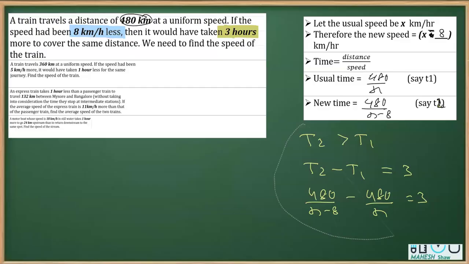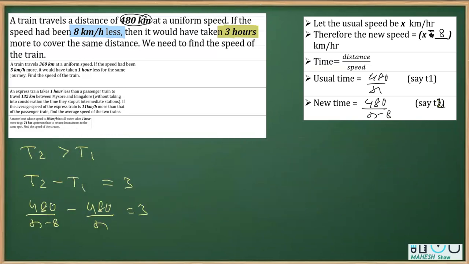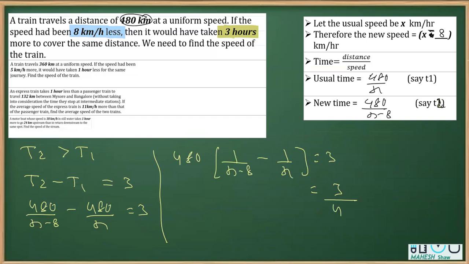Now after that, we can take 480 as common. This way we'll reduce the calculation. It becomes 1 over x minus 8 minus 1 over x, that is equal to 3 over 480. Next I'm going to transpose this to the other side. And if I take LCM, it's going to be x multiplied by x minus 8.